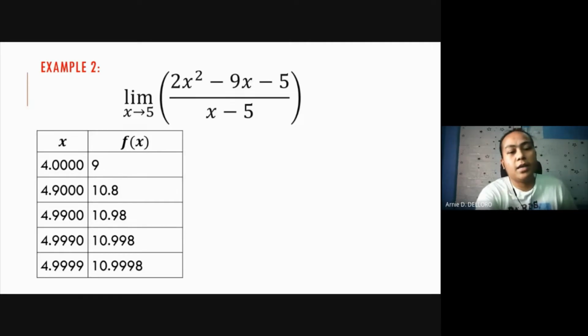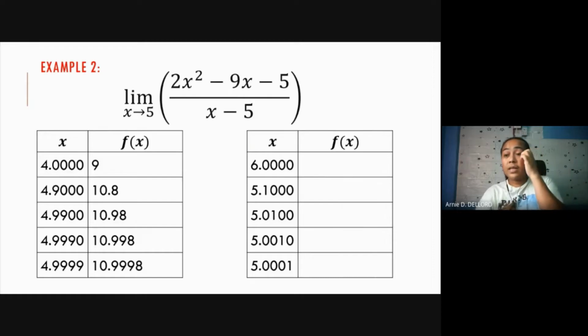Okay? Sige, tingnan natin yung right-hand side limit. So if the value of x is equal to 6, the value of the function is 13. If the value of x is equal to 5.1, then the value of the function is 11.2.